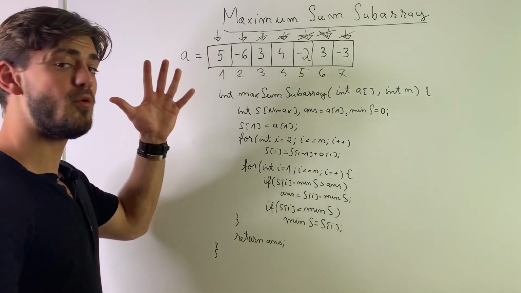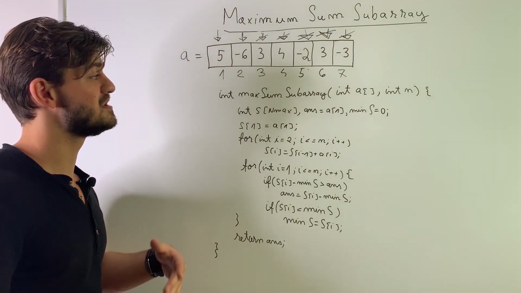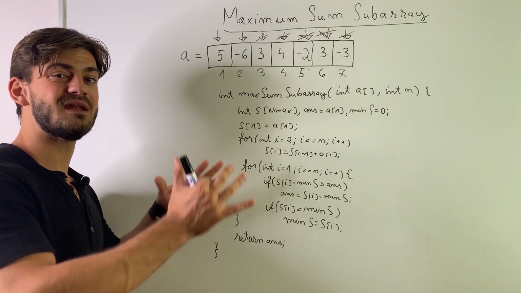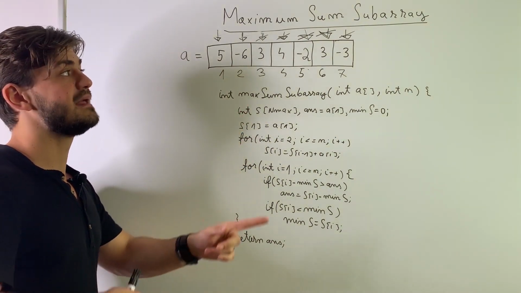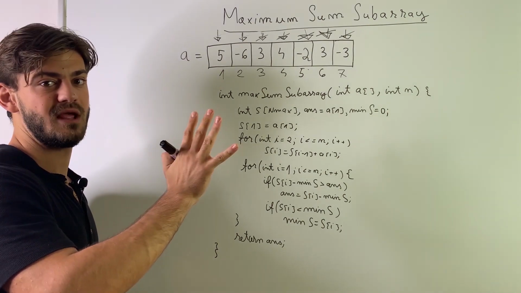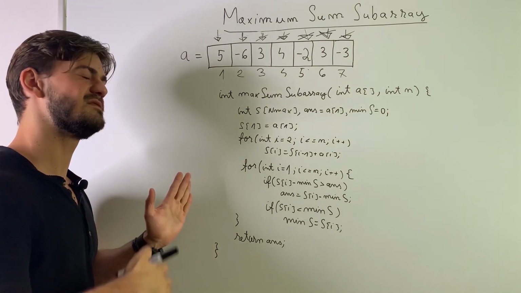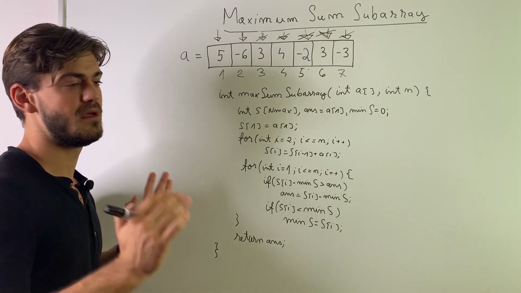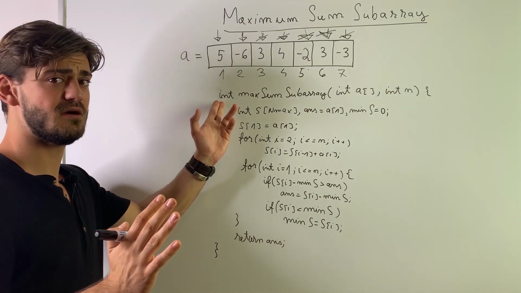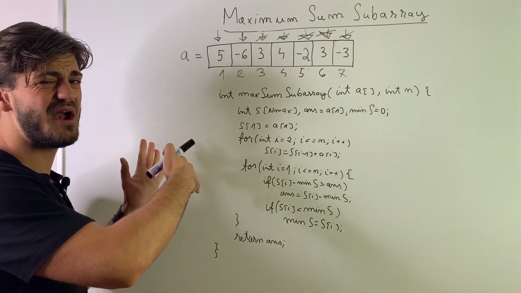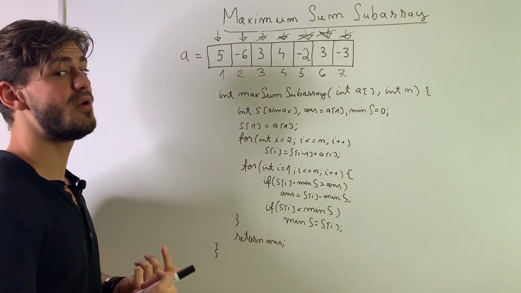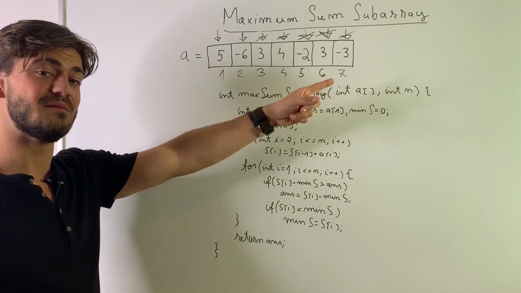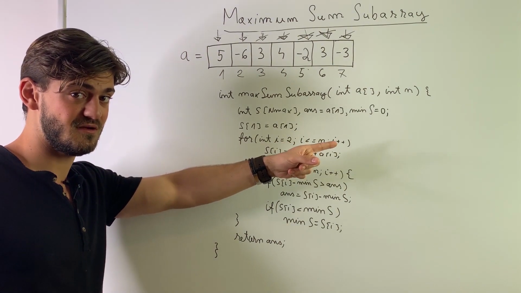Alright? Your homework for this approach too is to actually think about how I can return not only the maximum sum but also the subarray that has that sum, alright? So the left and the right pointer, okay? I can return it either here, but I should make a pair of int and another pair for the left and right pointers, or I can return it in the parameters of the function, alright?